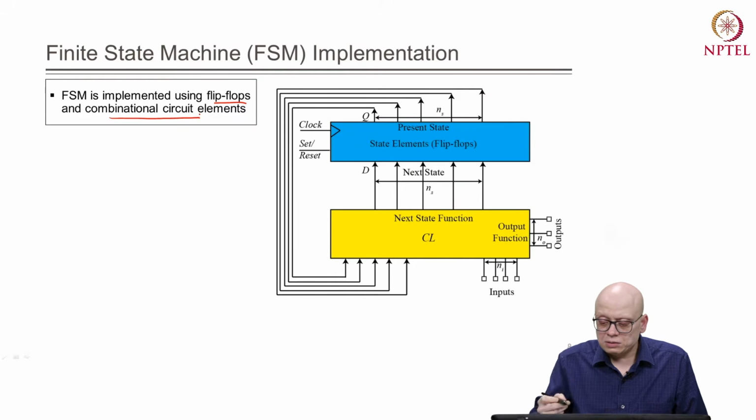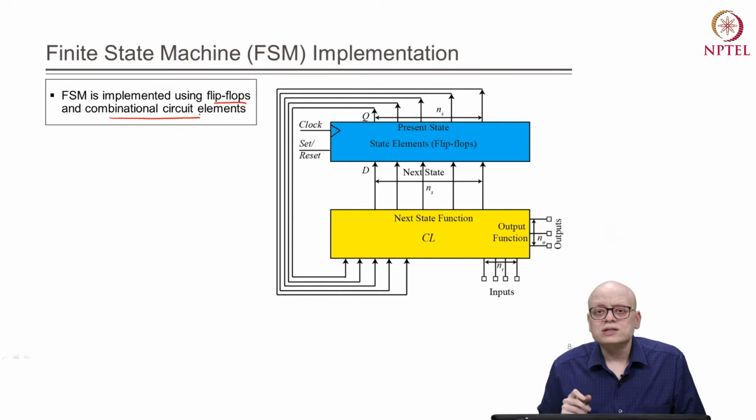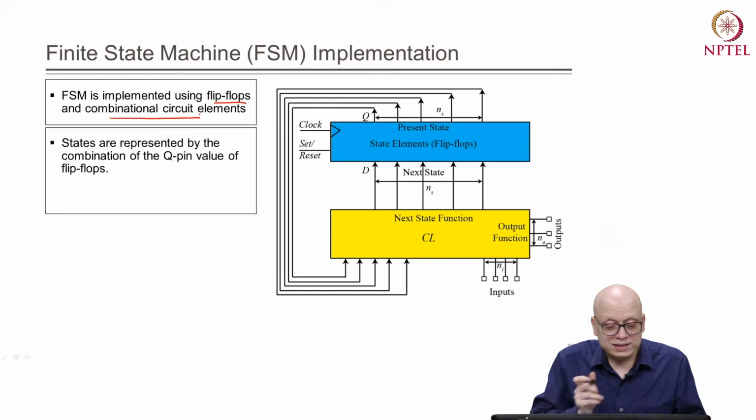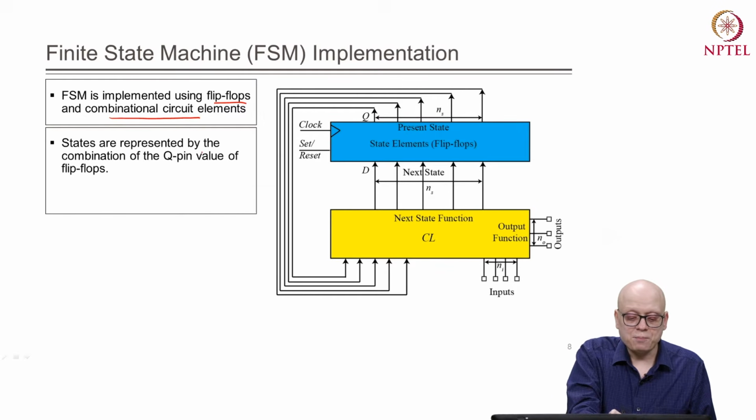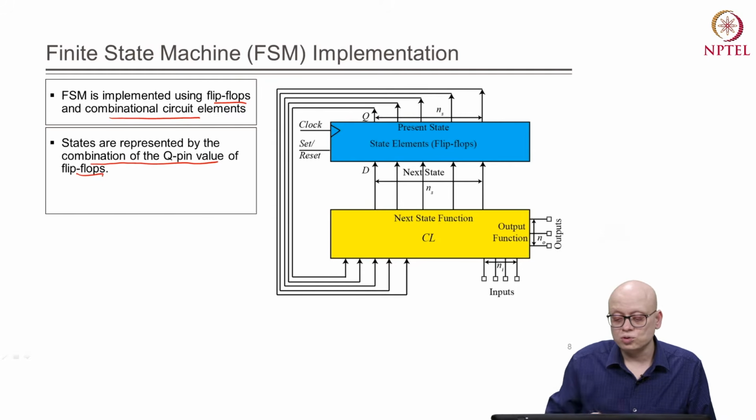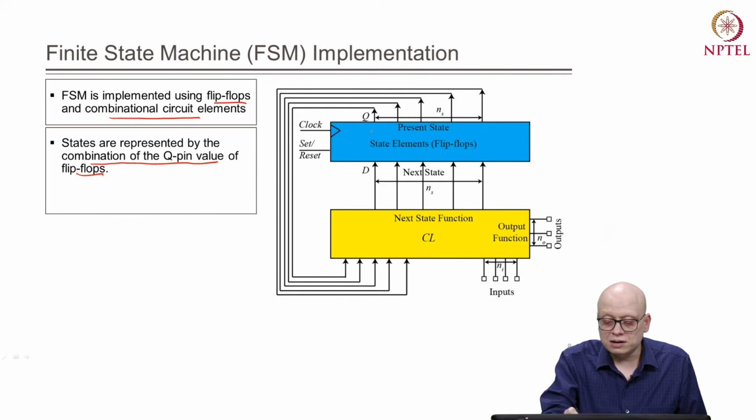So, this is a representation of an FSM as it will be implemented in a sequential circuit. We represent the states by the combination of Q pin values of the flip flops. So, we will have the flip flops and the outputs of the flip flops.